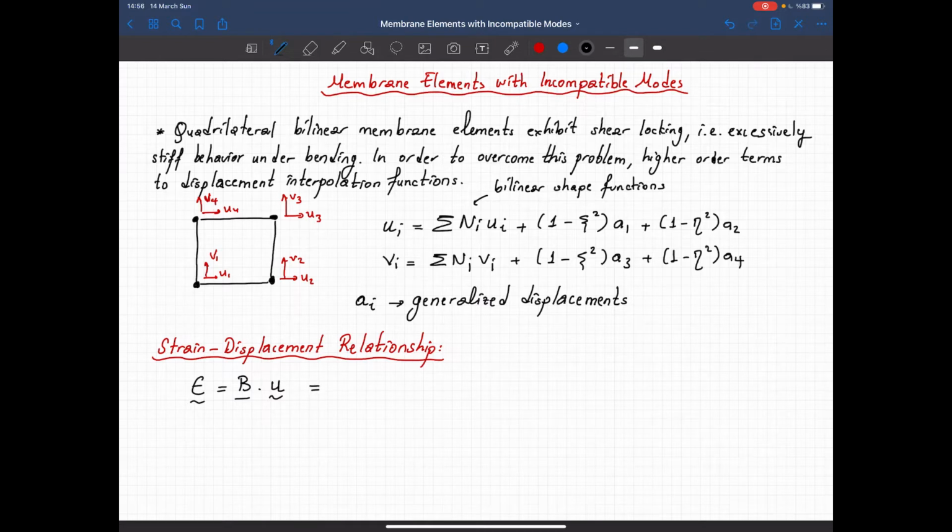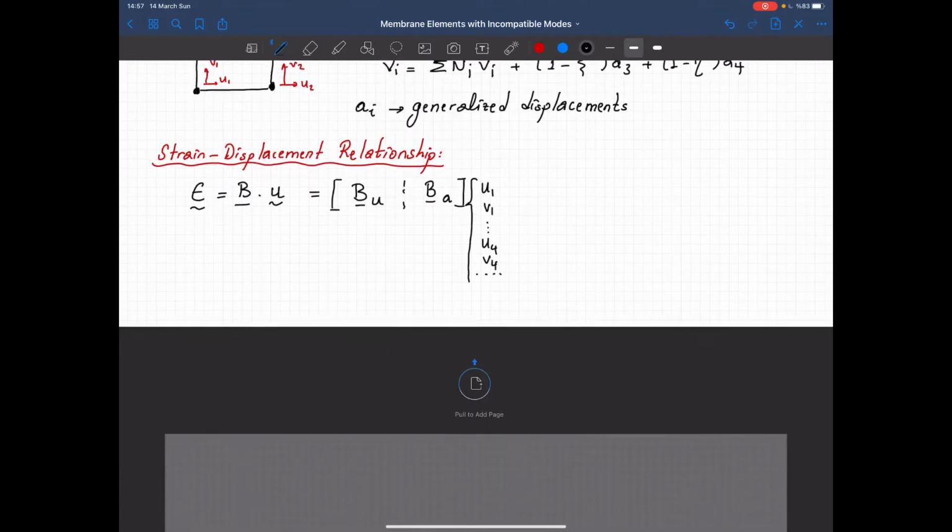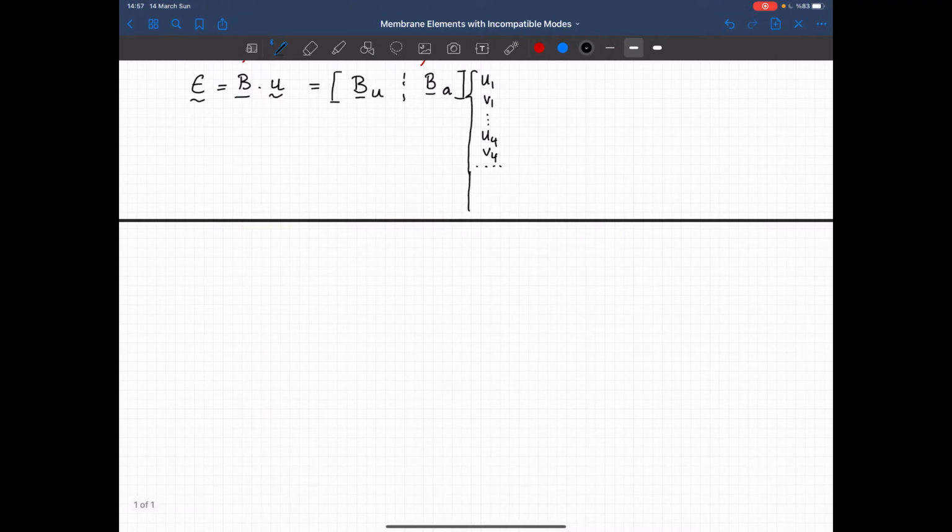Now I will partition the B matrix into two: B for the nodal displacements and B for the generalized displacements. And this time the U vector will become U1, V1, through U4, V4, and here I have A1, A2, A3 and A4.